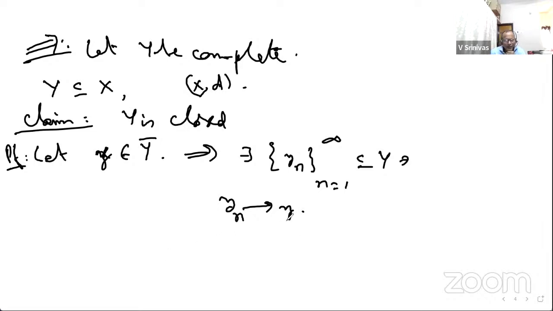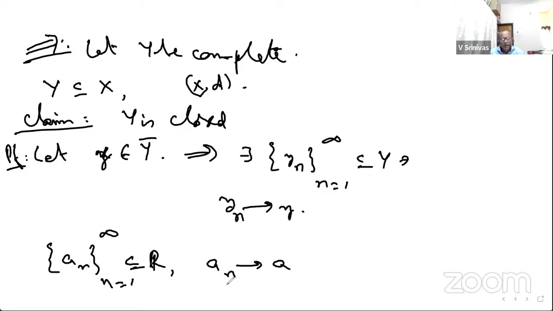What do you mean by convergence? If this is a sequence of real numbers, An, where n equal to 1 to infinity, when do you say this sequence An converges to some real number A?